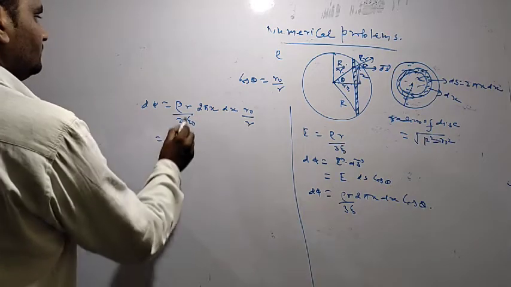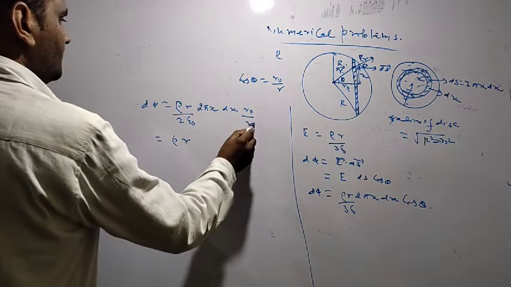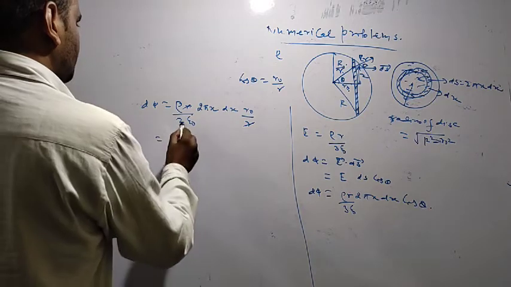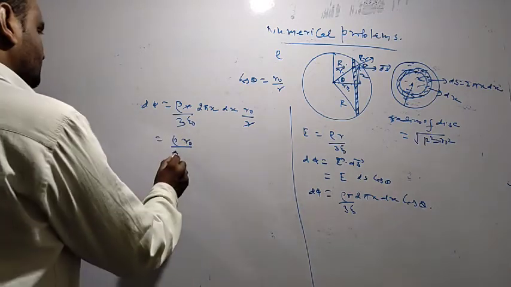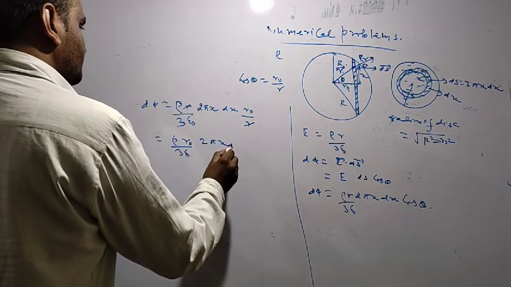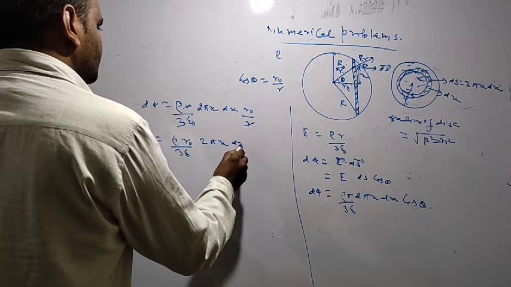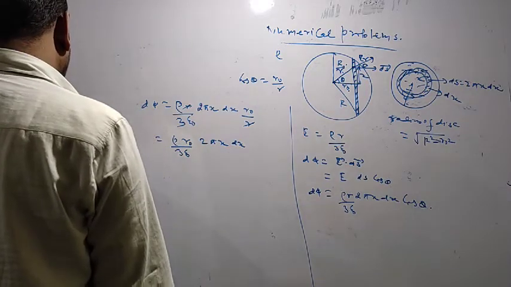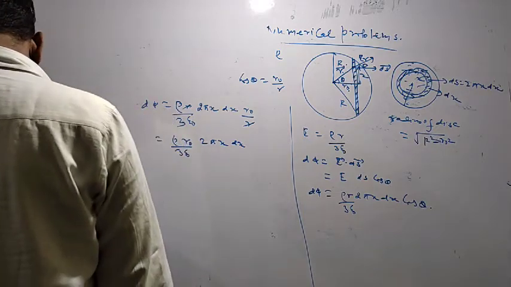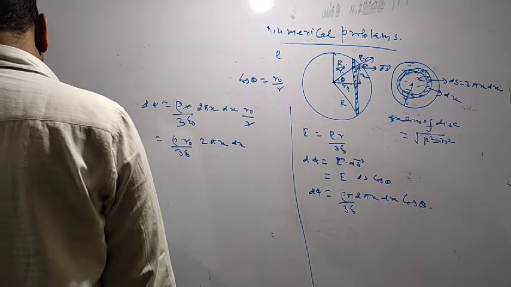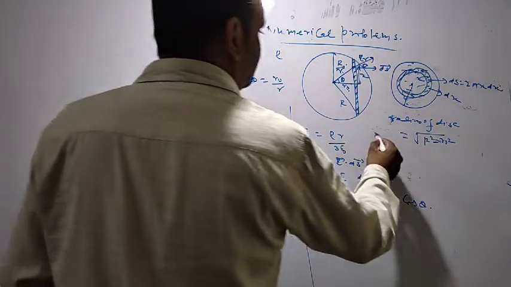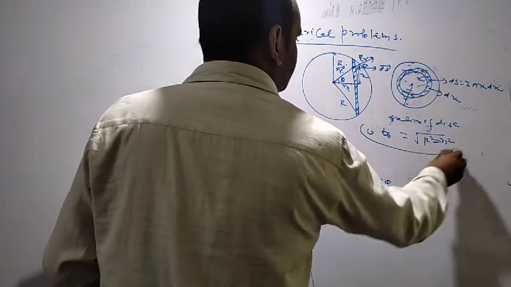Rho, oh sorry, this R and R naught are going to cancel, so rho R naught, sorry, 3 epsilon naught, 2 pi x dx, and x is varying from 0 to this radius.